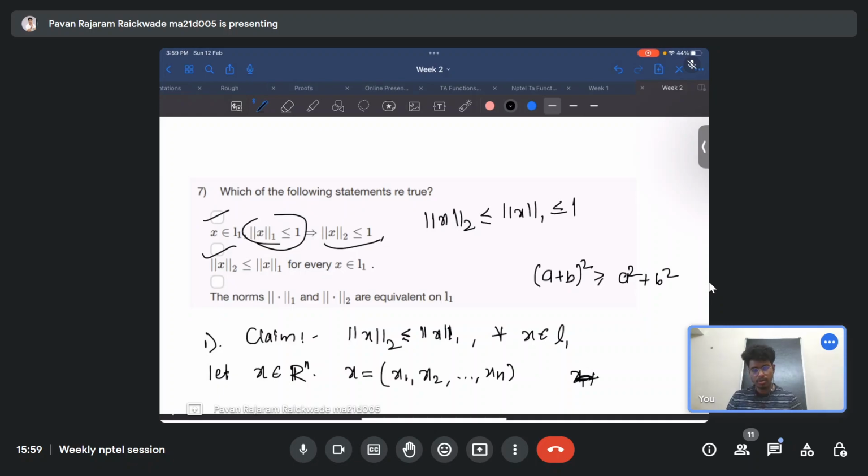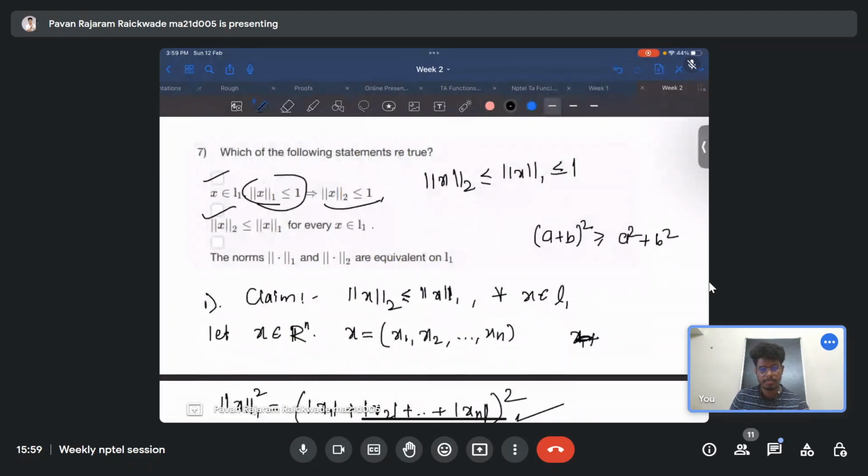So now, anyone having idea how to think about option number C, norm equivalence? When they are talking about norm equivalence, first of all, we are dealing in infinite dimensional space, like L1 of natural numbers, because for finite dimensional space, every norm is equivalent.